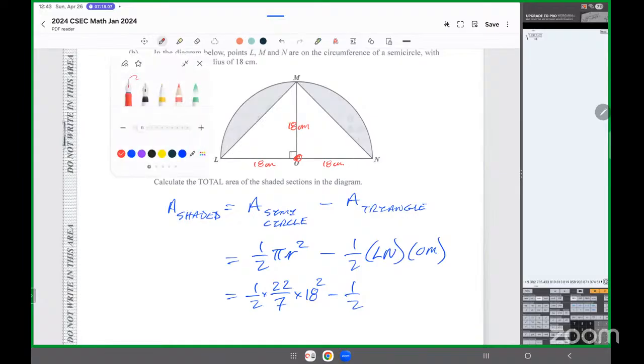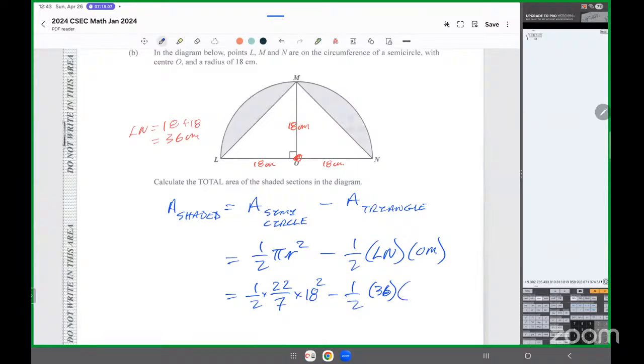And OM, the height of the triangle, is also 18 because it's a radius.